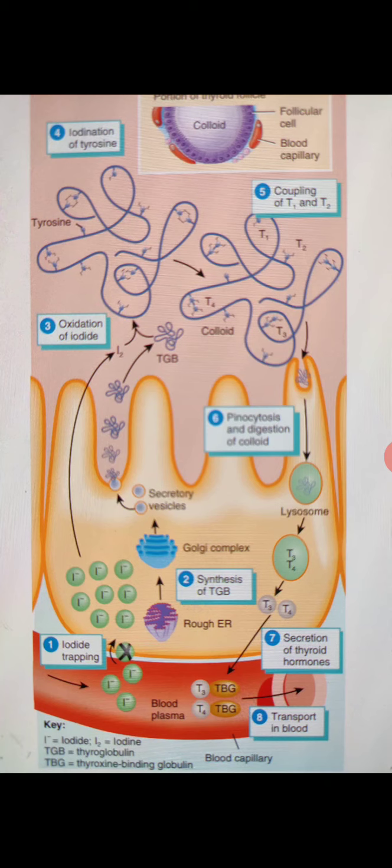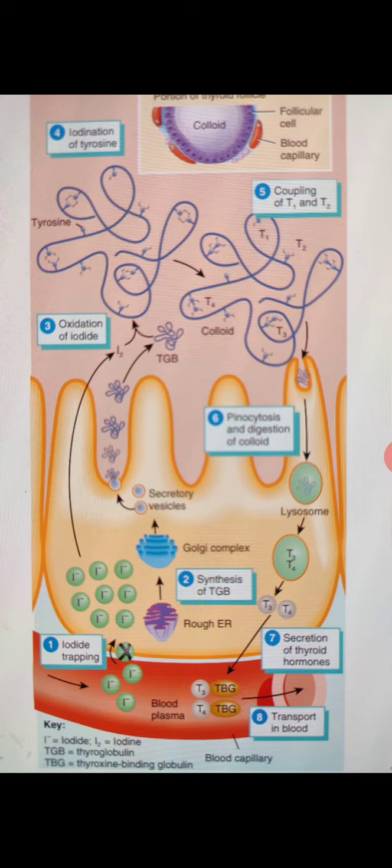Thyroglobulin, a large glycoprotein that is produced in the rough endoplasmic reticulum, modified in the Golgi complex and packed into the secretory vesicle. ठीक है. कौन प्रोड्यूस कर रहा है? रफ एंडोप्लाज्मिक रेटिकुलम. मॉडिफिकेशन गोल्गी कॉम्प्लेक्स कर रहा है और पैकिंग किस में हो रही है? सेक्रेटरी वेसिकल्स के अंदर. ठीक है. The vesicle then undergoes exocytosis which releases TGB into the lumen of the follicle.